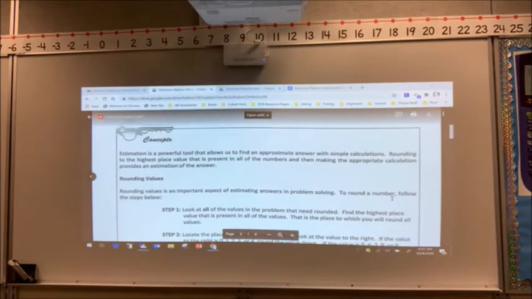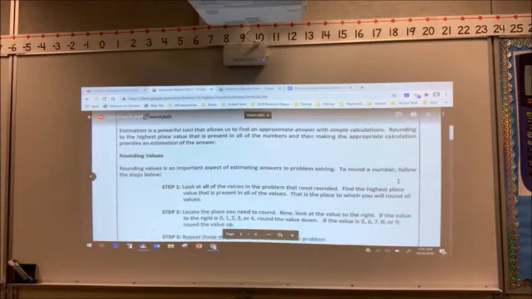Key concept: estimation is a powerful tool that allows us to find an approximate answer with simple calculations. Rounding to the highest place value present in all the numbers, and then making the appropriate calculation, provides an estimation of the answer.